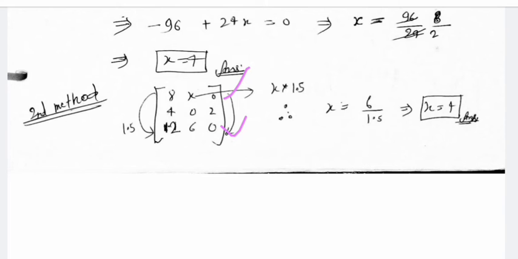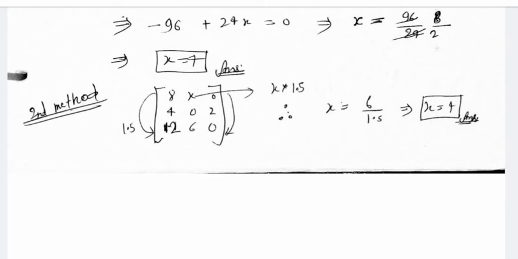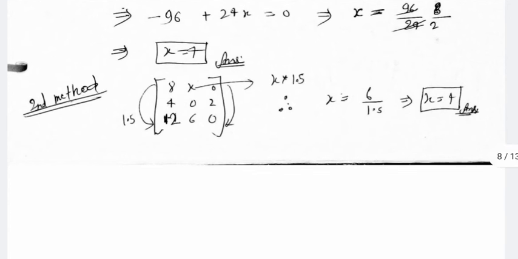When we multiply the third row by 1 by 5, we get the same value as the first row. So we get the value of x as 6 by 1 by 5, so we get x equal to 4. It is just simple, but we have to be very clear about the type of the matrix, then you can easily solve this question in just a few seconds.